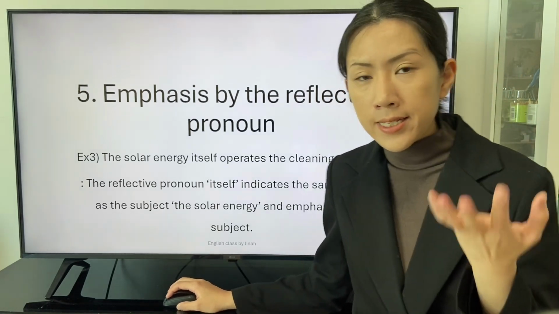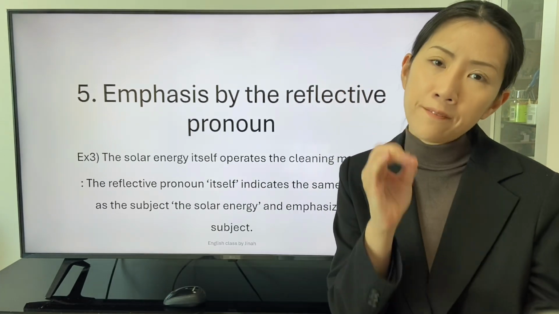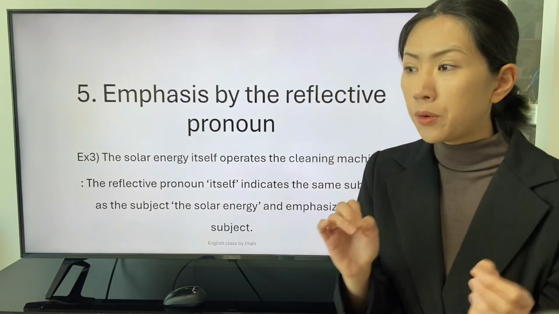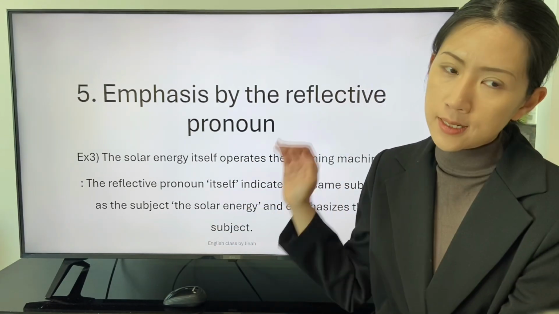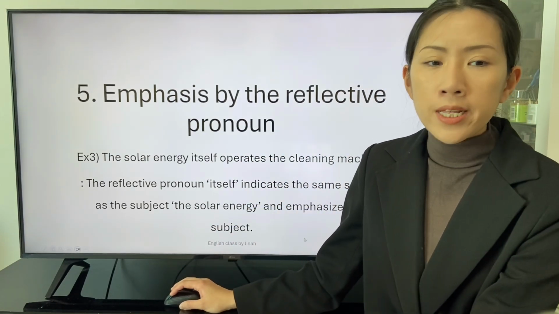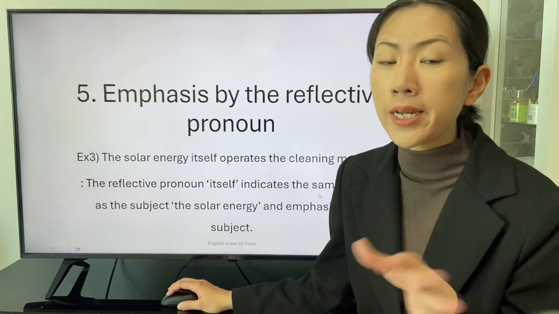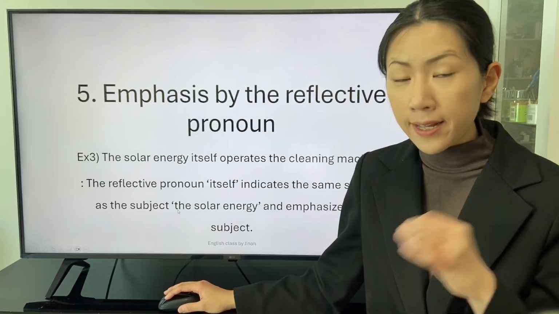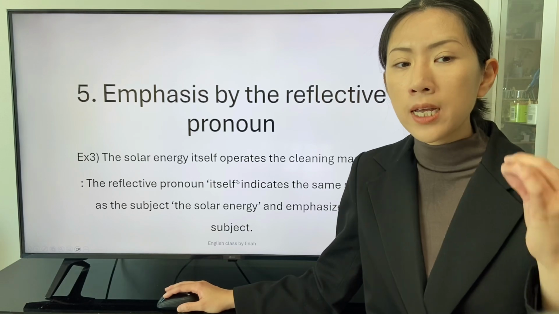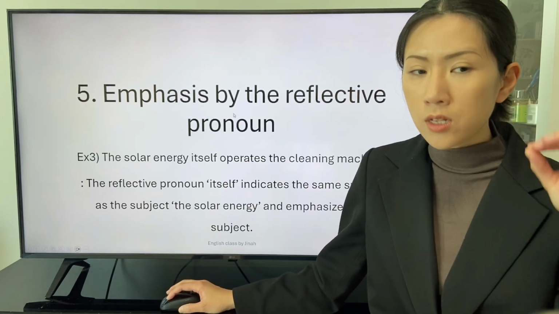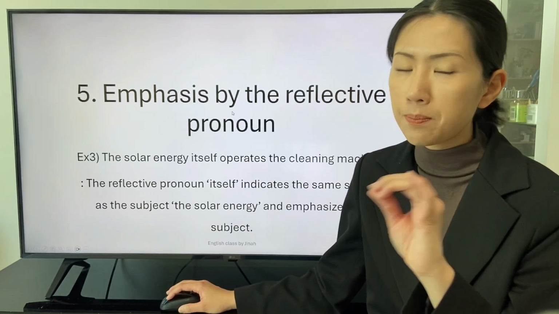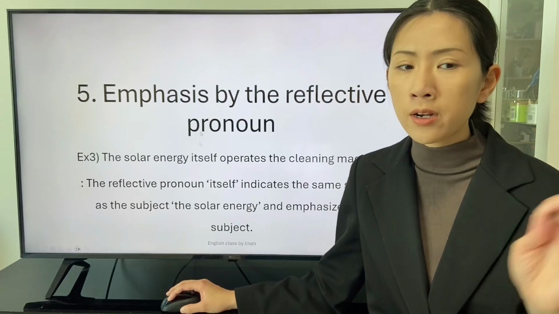The third exemplary clause to emphasize the subject or an object is this: the solar energy itself operates the cleaning machine. The reflective pronoun itself indicates the subject of the clause indicated by the noun phrase, the solar energy.